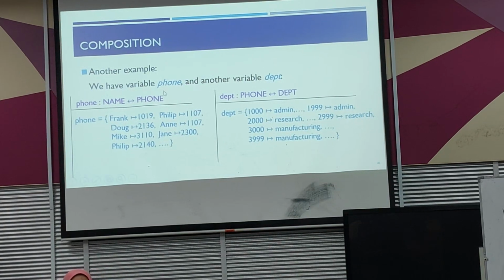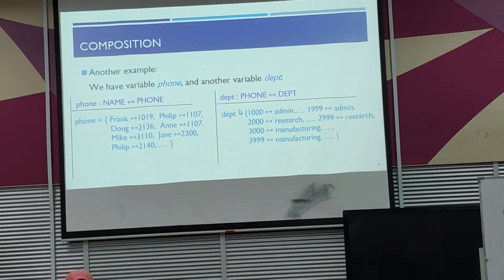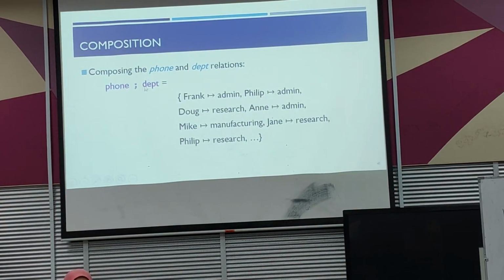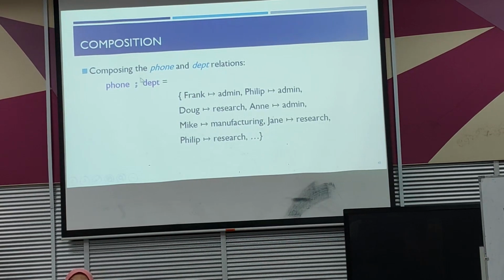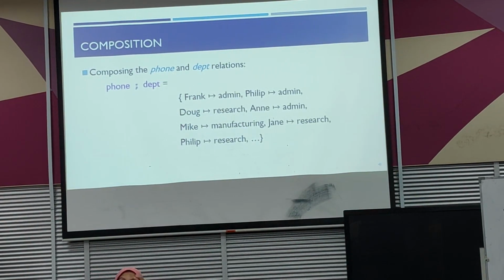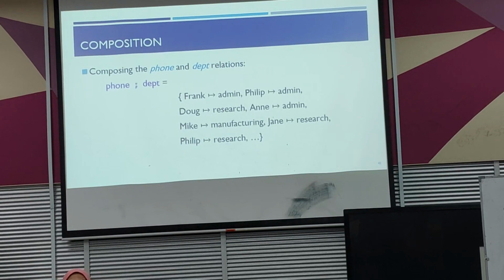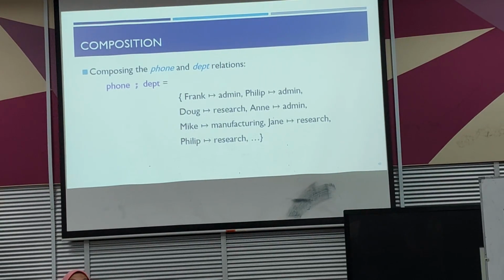If you want to combine, make sure that it is the same type. Then you do the composition like this. If there are cases where you don't want the data in the middle, you can eliminate it by just using composition.